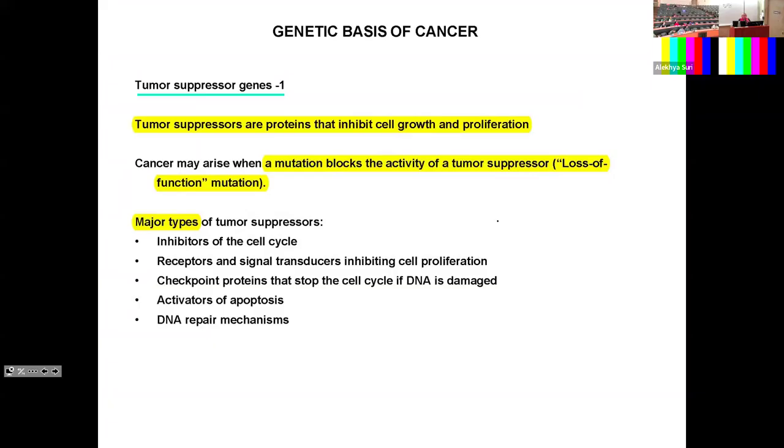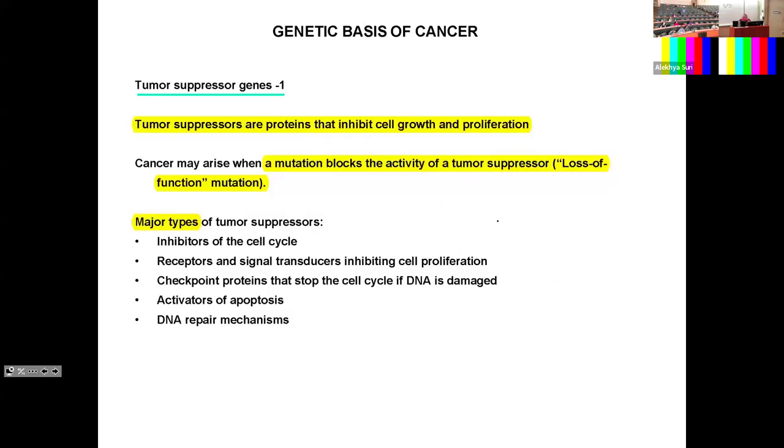Remember, tumor suppressors are generally associated with the checkpoints in the cell cycle and inhibit cell growth and proliferation. The mutations that block the activity of tumor suppressors, remember, are very important; they cause loss-of-function mutations.